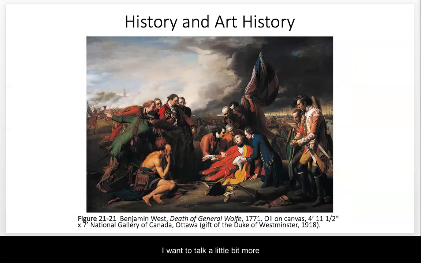But I want to talk a little bit more about this idea of history and art history, this combination, this word. We don't necessarily always think of them together, especially not in regular speech and conversation. We would think about history being the record and interpretation of past human events and society.